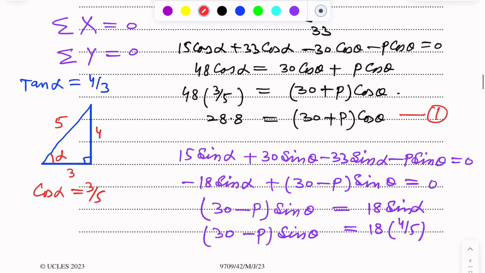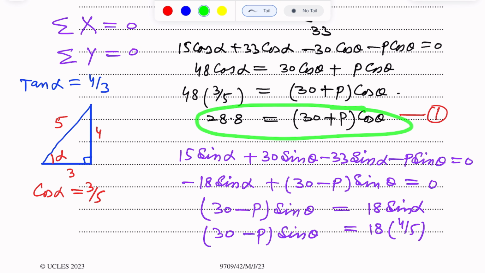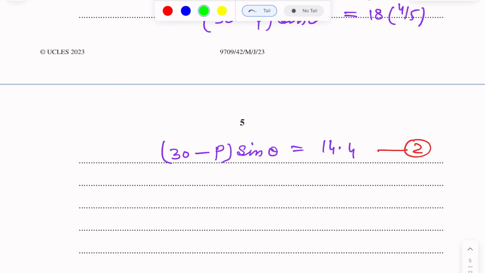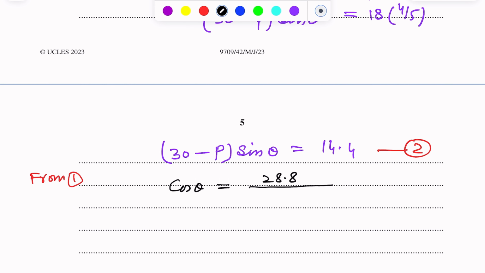Now from equation number 1, we are making cos theta the subject. So cos theta is equal to 28.8 over 30 plus p.